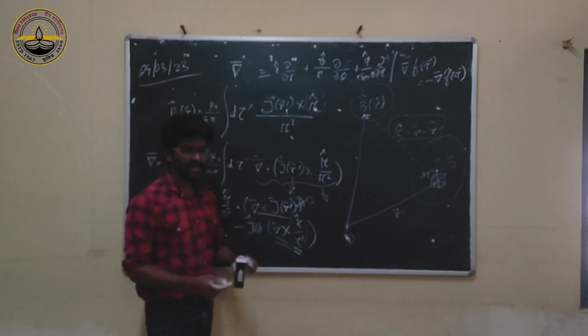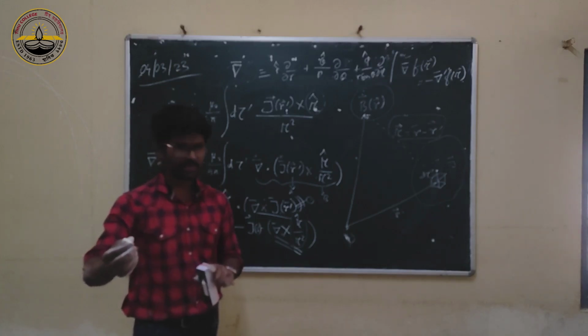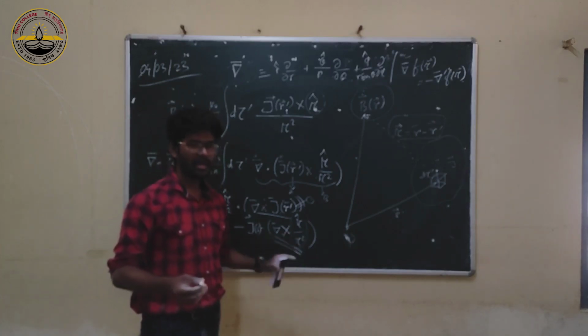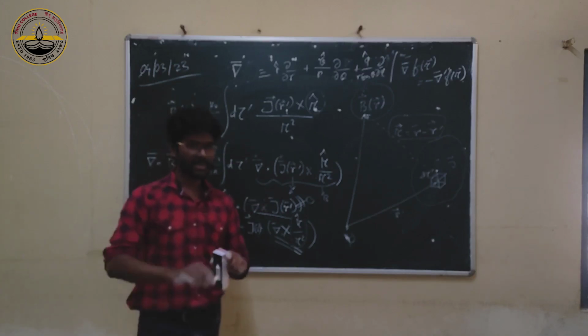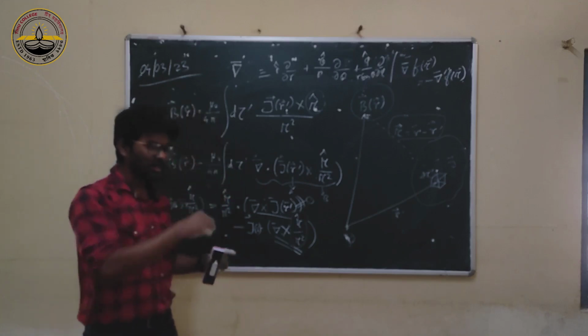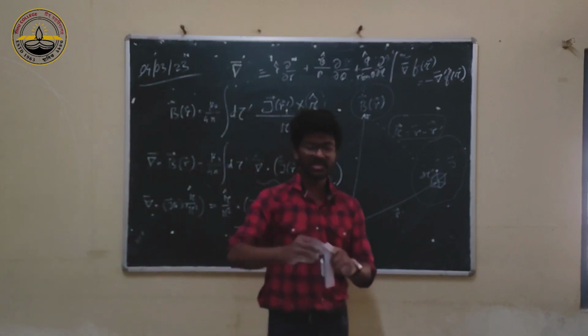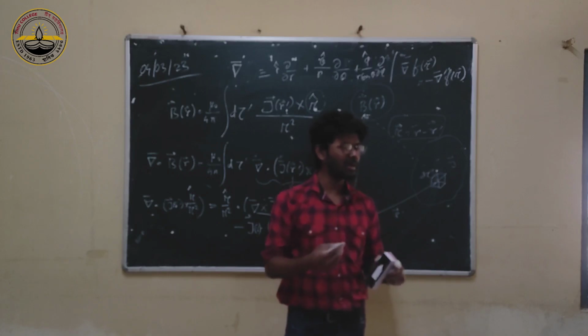It's a function that is decreasing with radius, 1 over r square, and its direction is away from the origin. So it's like the electric field of a single charge, right? It looks like just lines coming out. What is the meaning of curl?